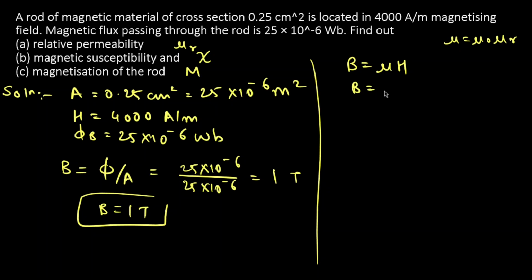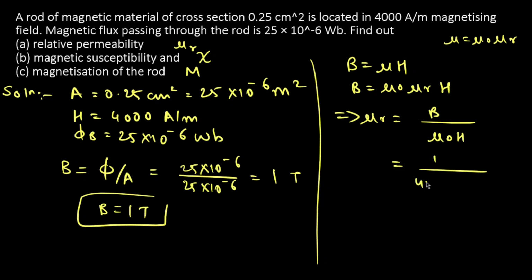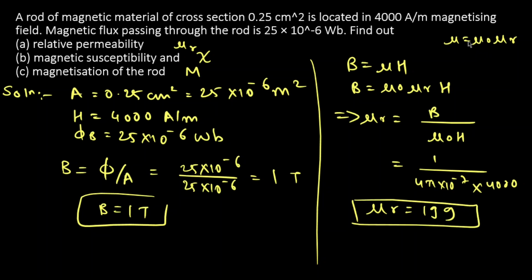So B is equal to mu naught mu r into H, which implies mu r will be B upon mu naught H. So 1 upon mu naught is 4 pi into 10 raised to minus 7 into H is 4000. So calculating this we get mu r equal to 199. Now since this is a ratio of permeability divided by absolute permeability, this is dimensionless.